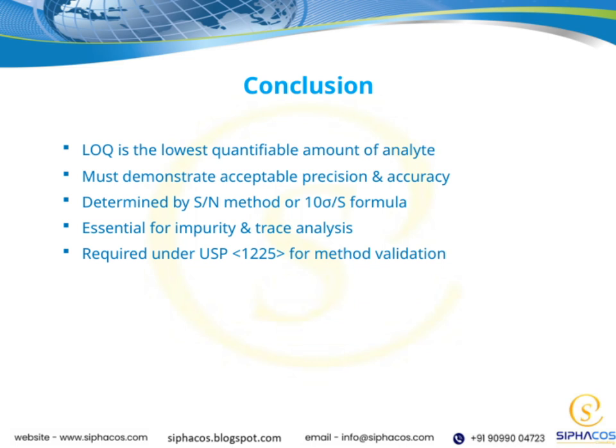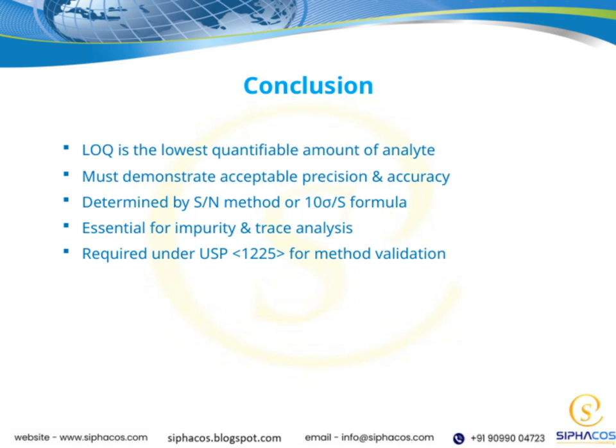There are a couple of common ways to determine the LOQ. One is the signal-to-noise, or S/N method, which compares the analyte signal to the background noise. The other is the 10 sigma over S formula, which is a more statistical approach. Both methods help us establish a robust detection limit. Understanding and accurately determining LOQ is especially important in impurity and trace analysis, where we're often dealing with very small amounts of substances.